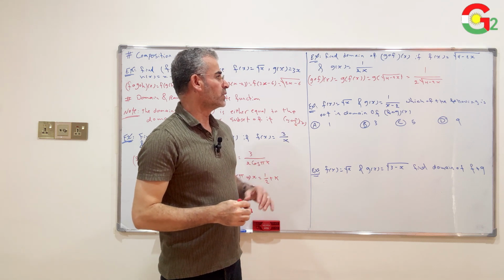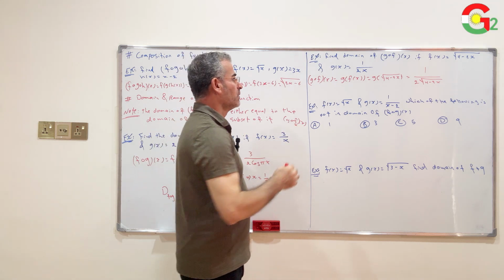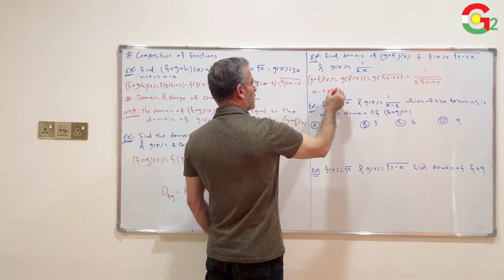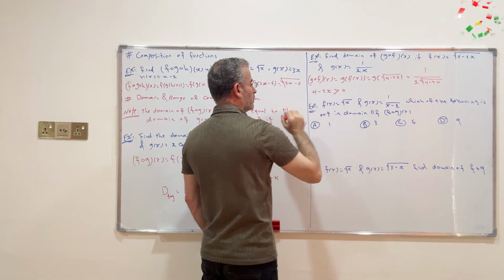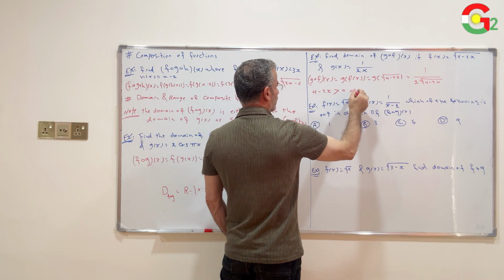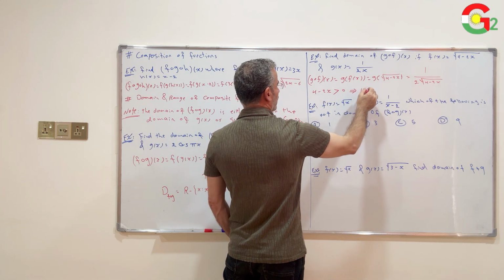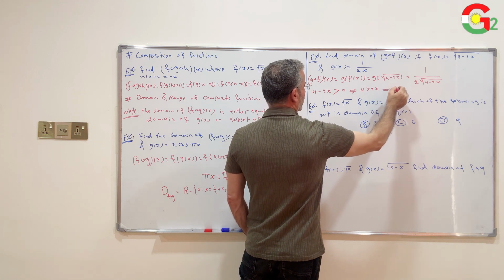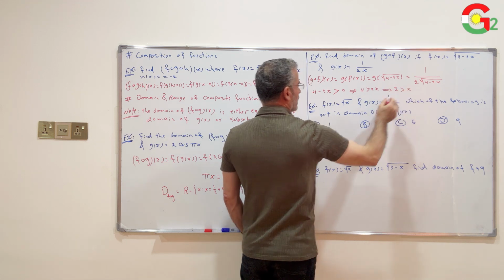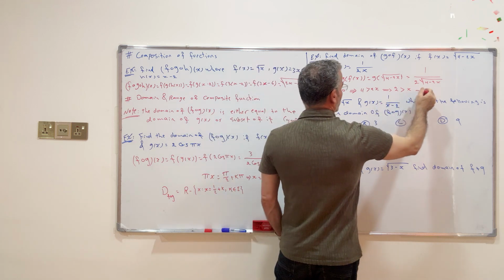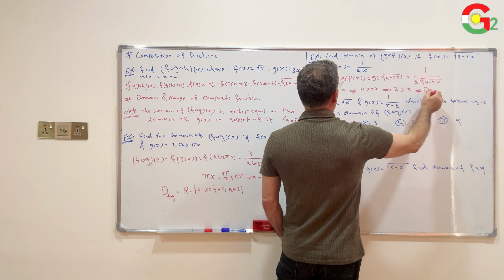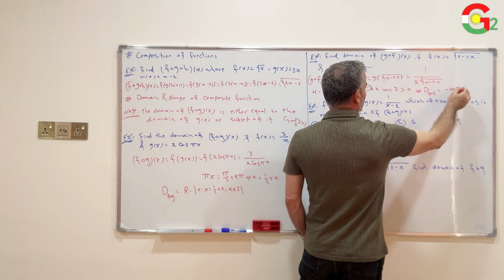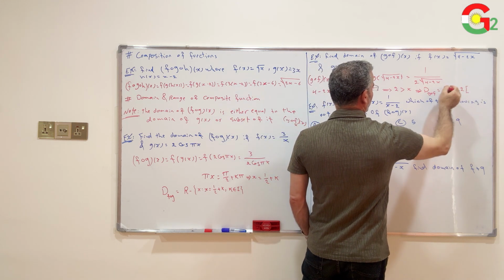Since the square root is in the denominator, to find the domain, I set 4 minus 2x greater than 0, not greater than or equal, and solve for x. Then 4 greater than 2x, divide by 2, 2 greater than x, or x less than 2. Then the domain of g circle f equals negative infinity to 2, open interval.